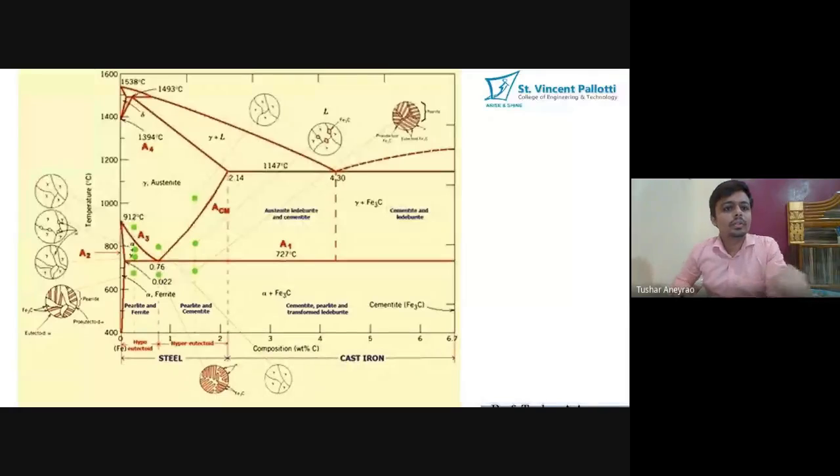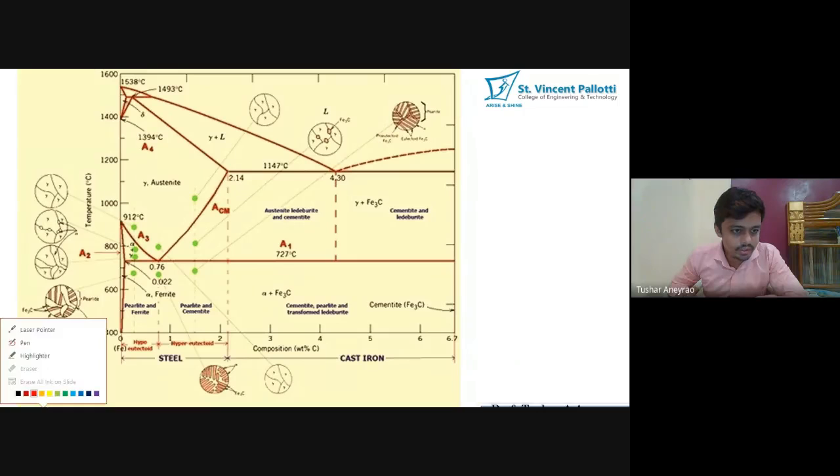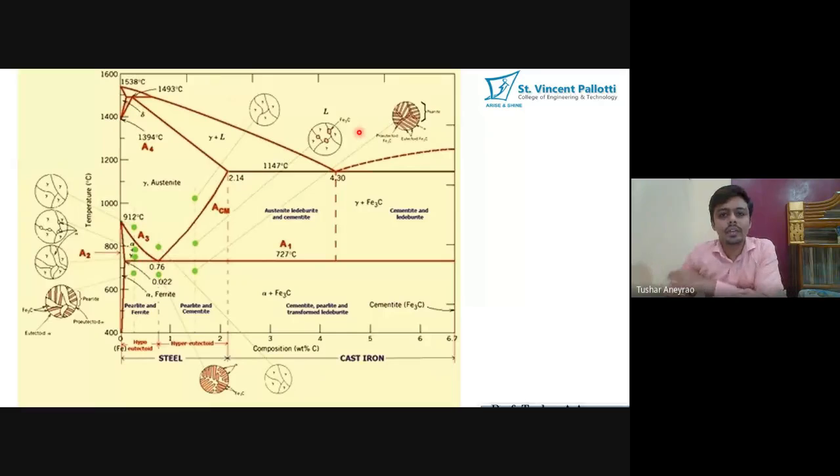Okay, so this particular diagram we are going to see now. What is happening in this particular diagram? In this region there is a liquid phase, right? In this complete region there is a liquid phase. So what is this liquid phase? It is the mixture of iron and carbon.